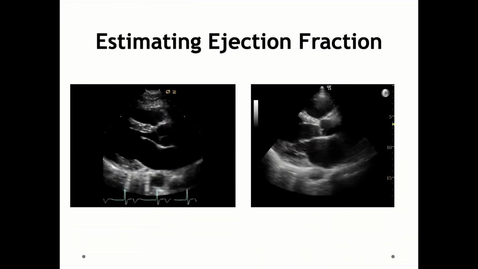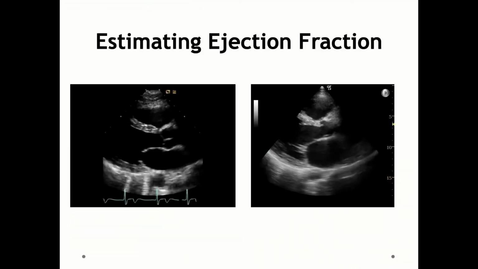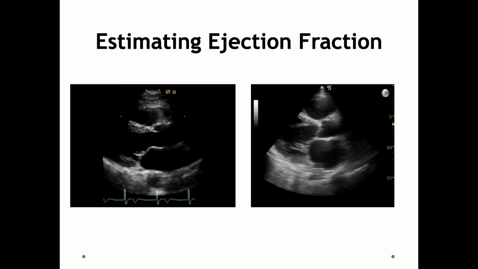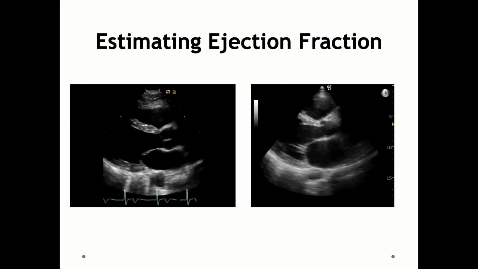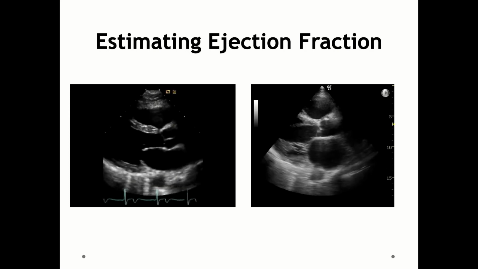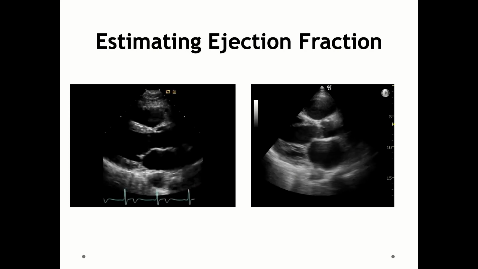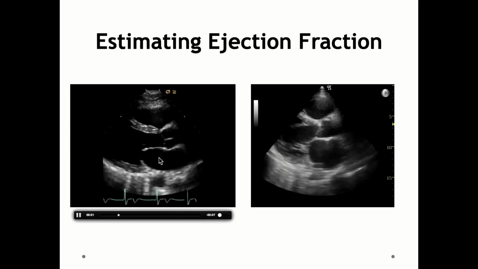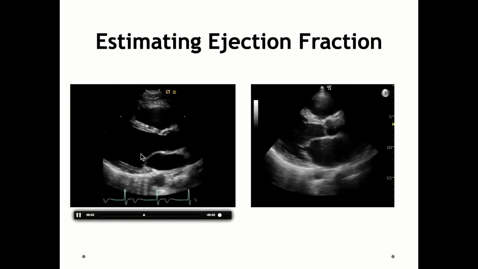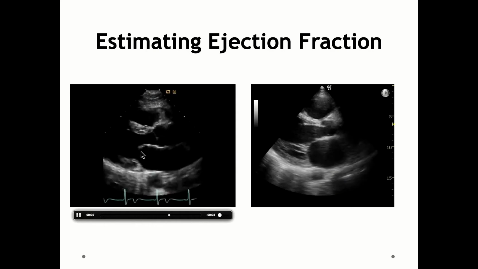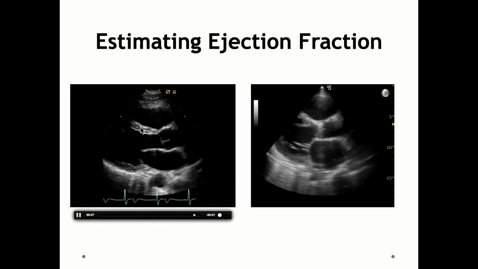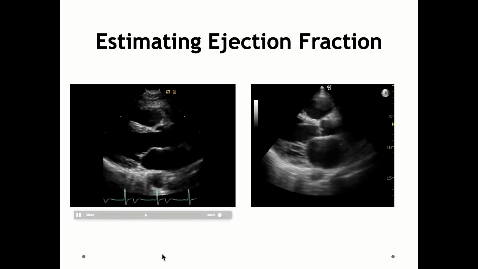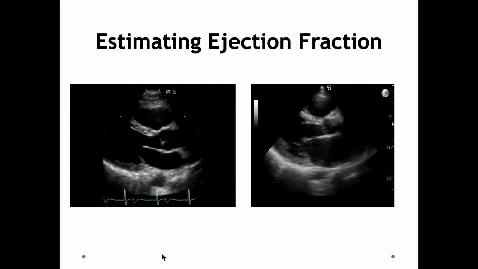The other information you get from your cardiac views, besides the immediacy of pericardial effusion, is a quick eyeball of how well their heart is functioning. If their heart is functioning well, like this heart on the left, you're going to see the anterior mitral valve leaflet coming up here and approaching or slapping against the interventricular septum.